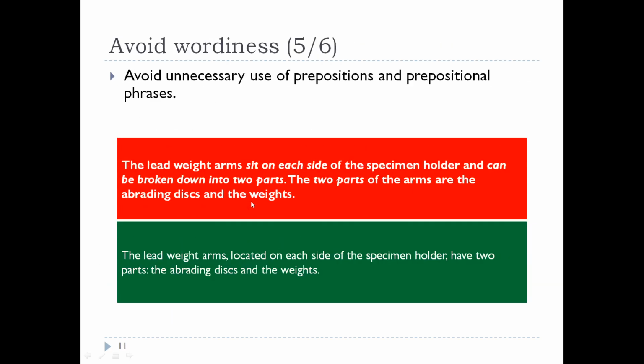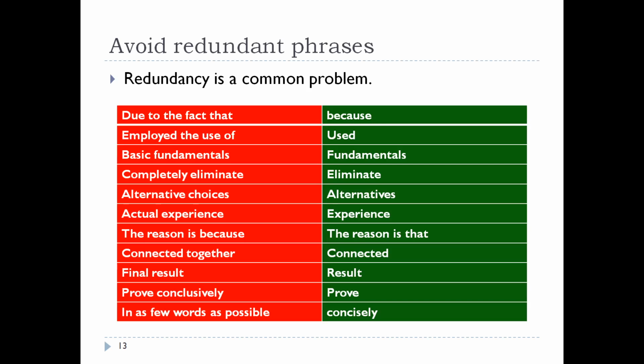Okay, so what are redundant phrases and how can we avoid that? So these are some examples of redundant phrases, and we commonly use these phrases, okay? But these are redundant nevertheless. Due to the fact that, so you can simply say because. Employed the use of, you can simply use the word used. Basic fundamentals. Now basics and fundamentals, they are the same things. Okay, so you can simply either say basics or fundamentals.